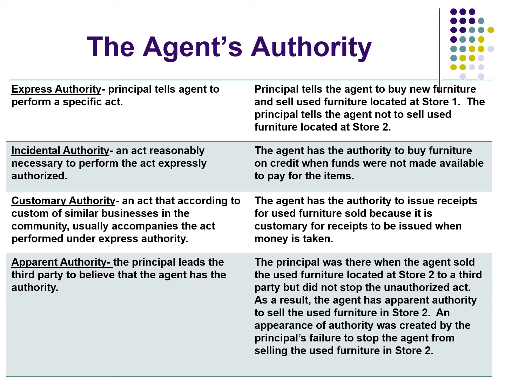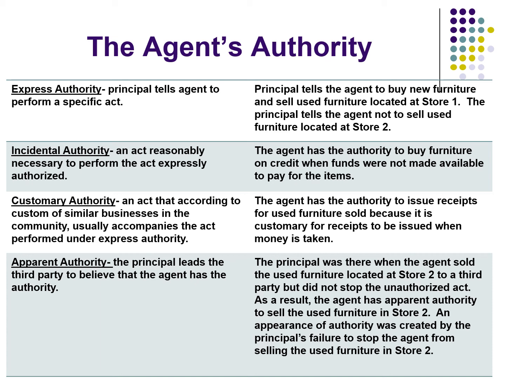So for instance, our agent who's buying and selling furniture might not have been told by the principal that they have the authority to issue receipts. But it is customary in the industry that if you are selling people furniture, that you would give them a receipt so that they have a way of showing that they paid, and you've got a record system for taxes and all kinds of other business transactions.